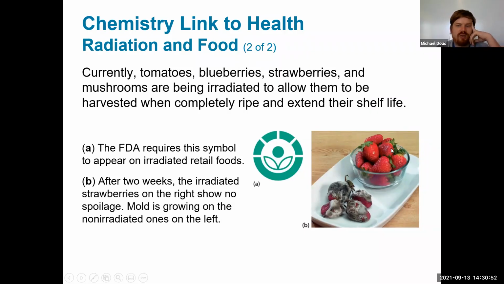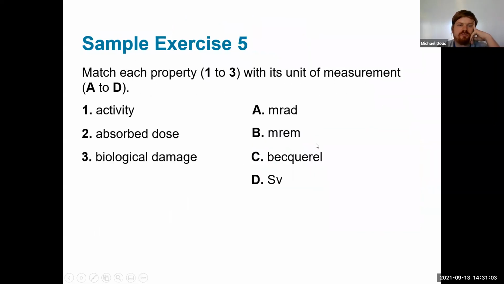No spoilage on the irradiated ones, and significant spoilage on the ones on the left. Right now, tomatoes, blueberries, strawberries, and mushrooms are all irradiated. I'm not going to require you to memorize this, but you will need to know it for the homework.